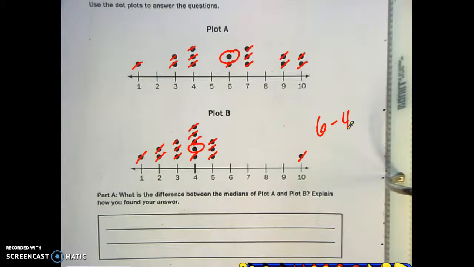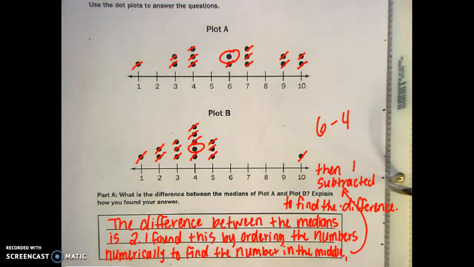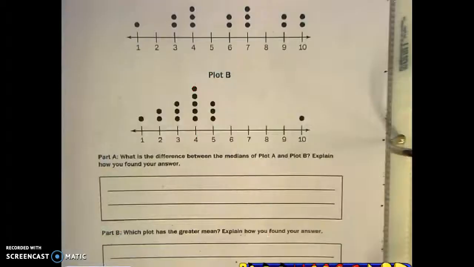I found my answer by ordering the numbers numerically and finding the number in the middle and then subtracting the two medians. So the difference between the medians is 2.